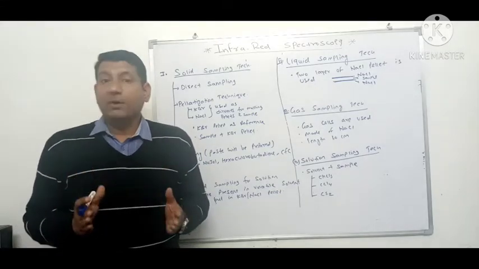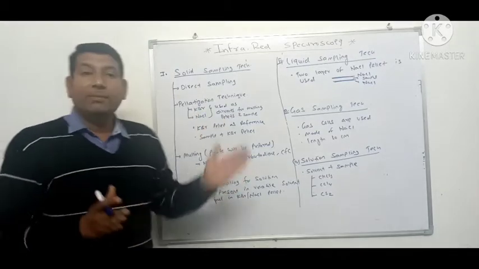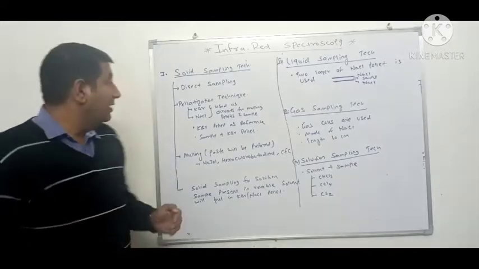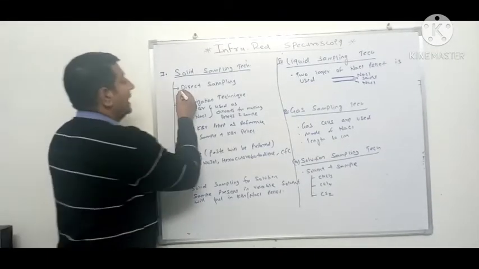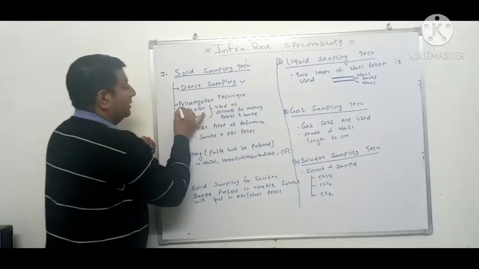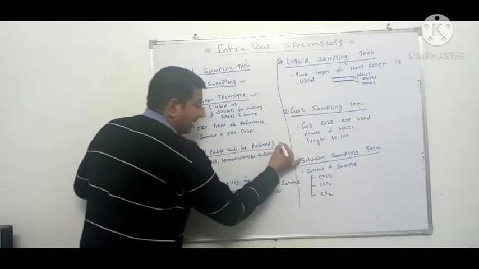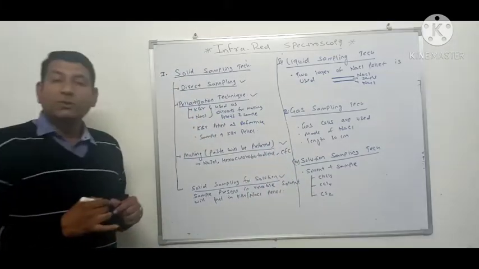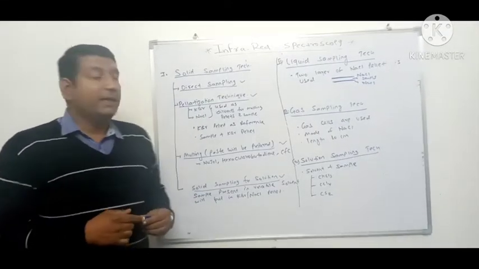In the sample holders we put our samples prepared by the solid sampling technique. Solid sampling is further divided into four techniques: number 1 is direct sampling, number 2 is the pelletization technique, number 3 is the Mull technique, and number 4 is solid sampling for solution. Let us discuss each in detail.